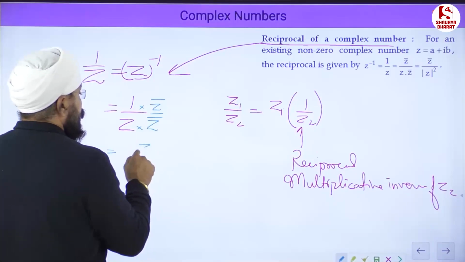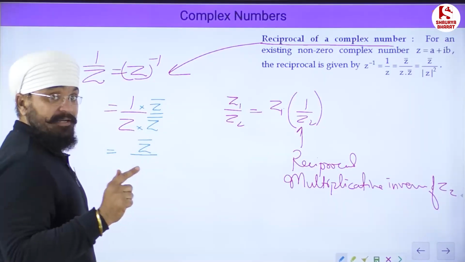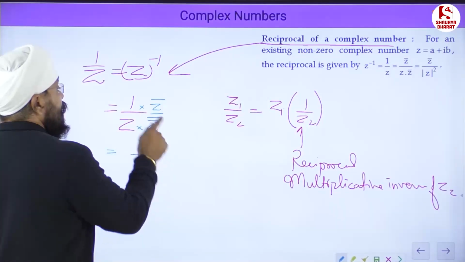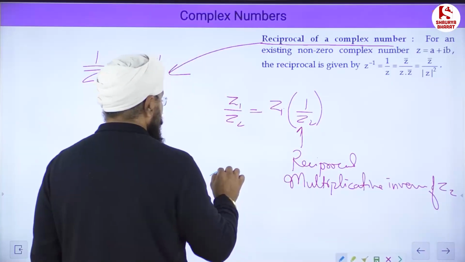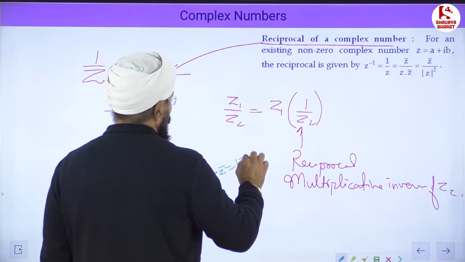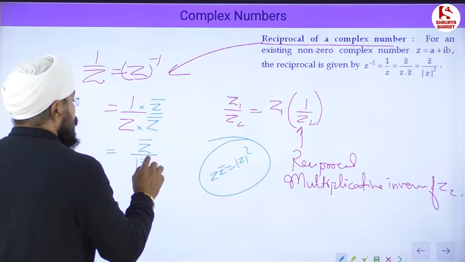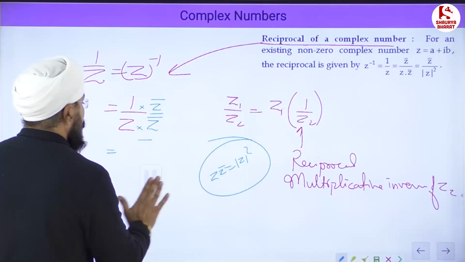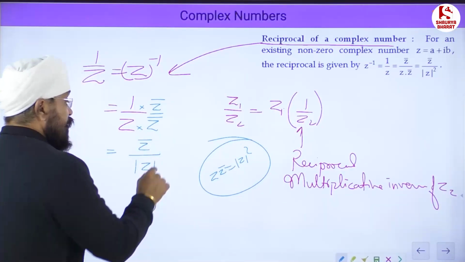What we get is Z bar, that is the conjugate of the complex number, in the numerator. In the denominator, we have studied the property. What was that property? That property was Z into Z bar is magnitude of Z square. So this property we can apply here. This is the magnitude of Z whole square.